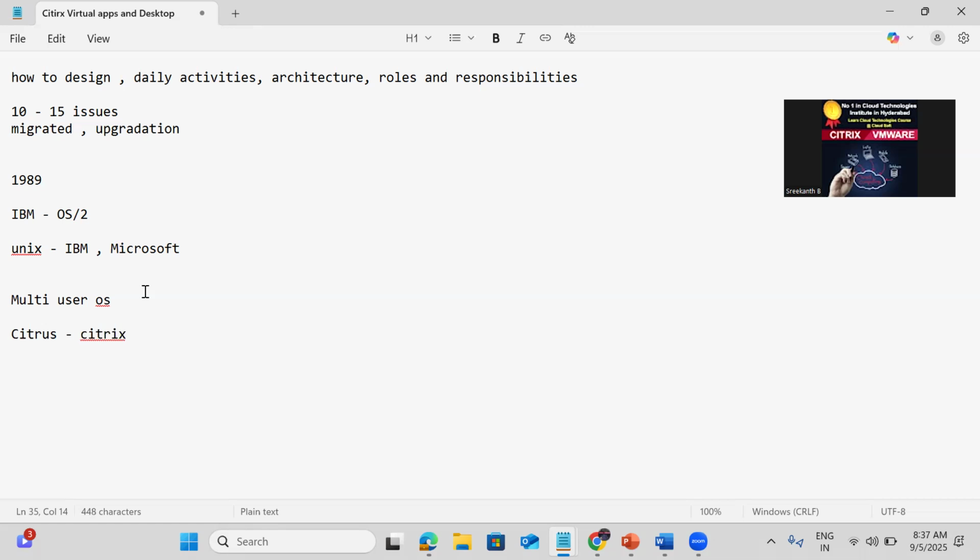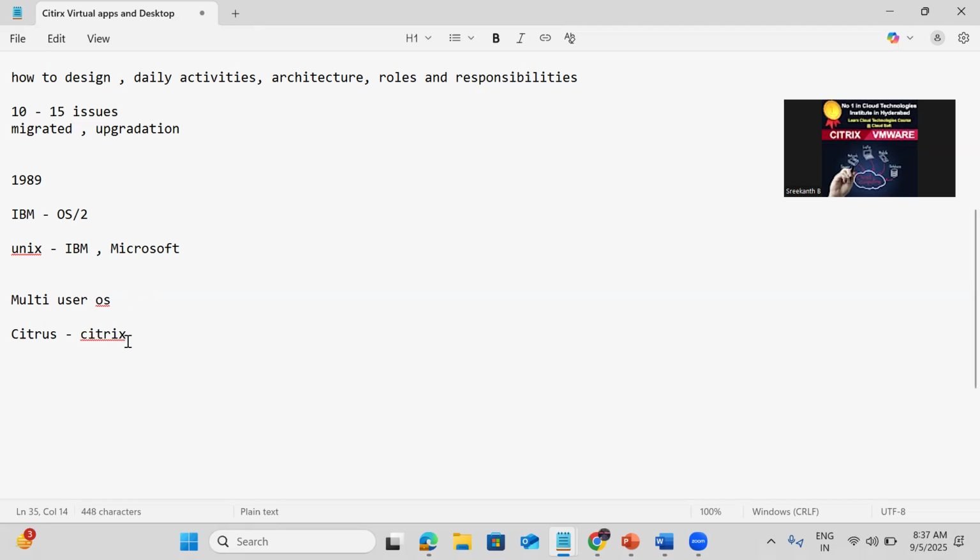They also got a lot of support from corporates, because in the 1980s most companies were releasing open source, and that is the reason a lot of contributions came from companies, governments, and the public. What is the main purpose of Citrix? What is the main goal?